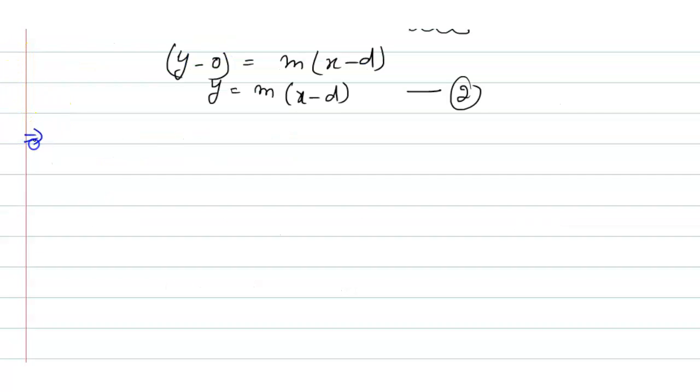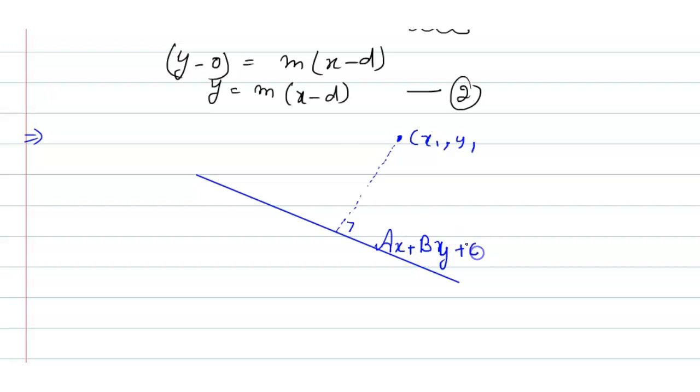Next, we will discuss the distance between a point and a line. Suppose this is a line and there is a point here, and the shortest distance is when the perpendicular is drawn from the point to the line. This point is (x1, y1), and the general equation of a line is ax plus by plus c.